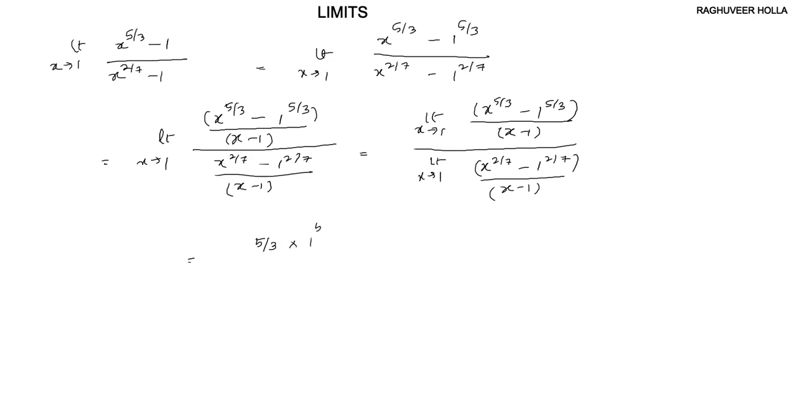Okay, now in the numerator it is 5/3 multiplied by 1 to the power of 5/3 minus 1, divided by 2/7 multiplied by 1 to the power of 2/7 minus 1, which results in 35/6.